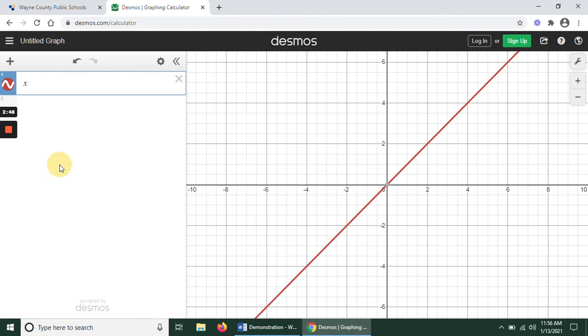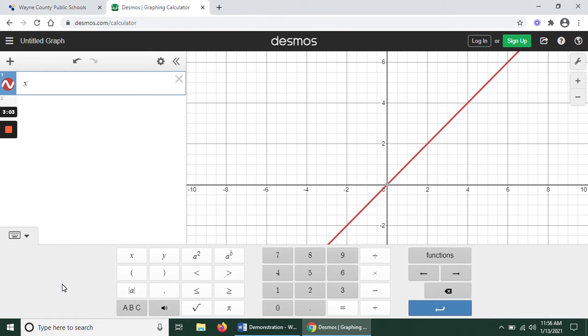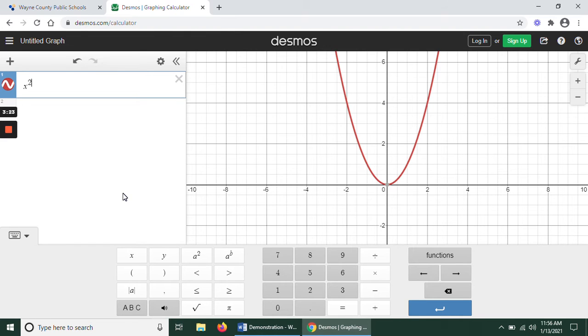Now notice we have a keyboard in the bottom left corner of the page. You can use your keyboard to access whatever you need. So x, and I'm going to click a to the b to get my exponent. Our exponent is 2.